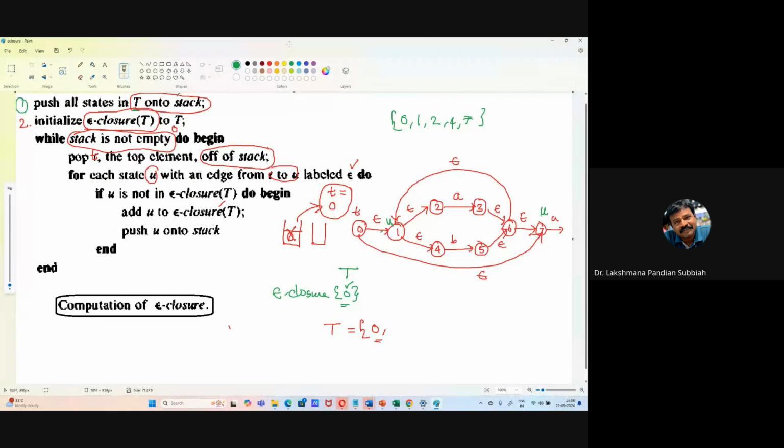So you read the ones labeled epsilon. So now we have each state U with an edge epsilon from T, T to U.